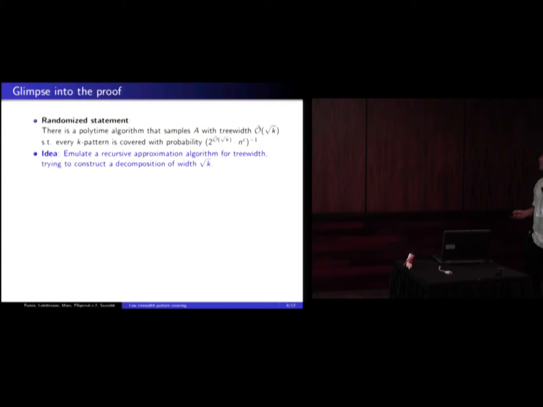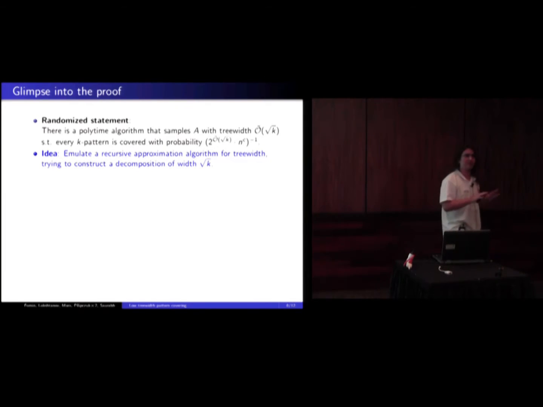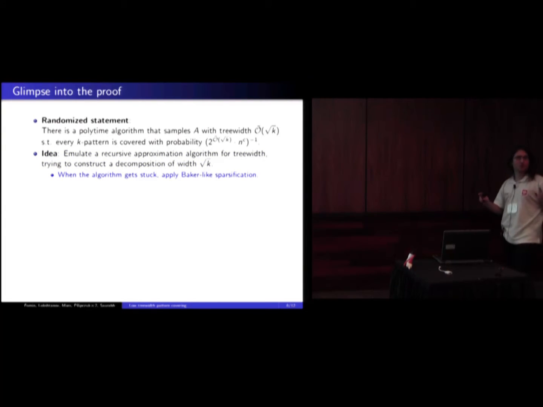The idea for the proof is to look at the recursive approximation algorithm for constructing a tree decomposition of the graph that tries to construct a decomposition of width roughly square root k. Of course, the algorithm can get stuck because the tree width may be larger, and then when it gets stuck, we will have some obstacle, and we will try to sparsify using Baker-like techniques.